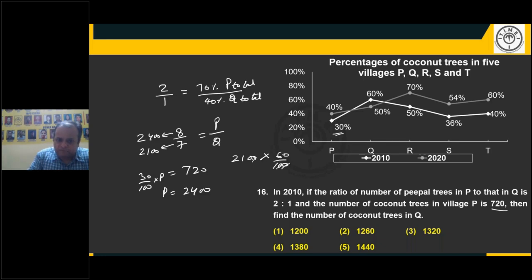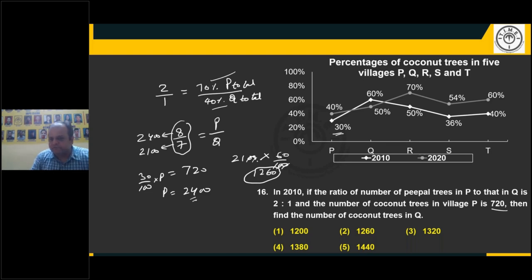So one other way of doing this question is where you equate directly that 2/1 is 70% of P and 40% of Q. You get a ratio of P upon Q as 8/7, and 8 ka value is 2400 because coconut trees was 30% of P ka total, so P total was 2400. So we get Q ka total as 2100 and uska 60%.